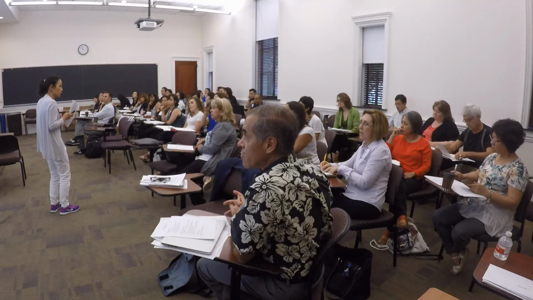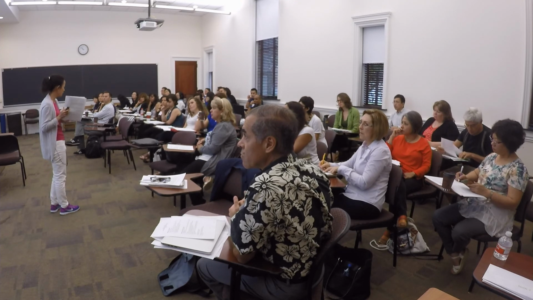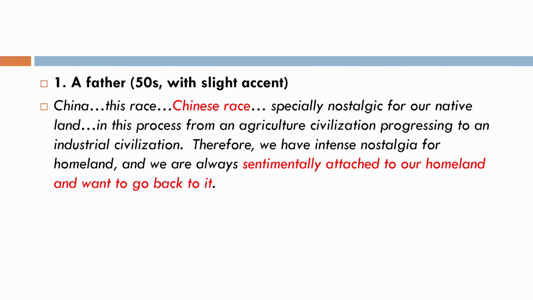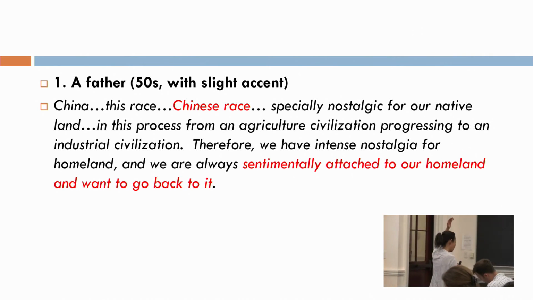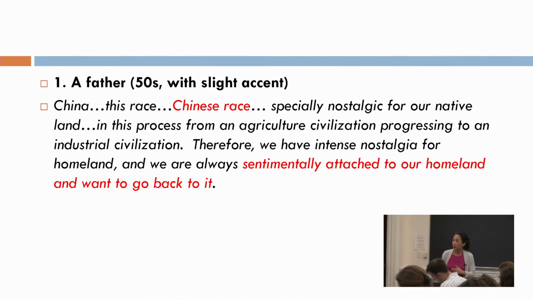Before they do this, they already know the content. They have studied the vocabulary. She doesn't start with hometown. She starts with the Chinese race, 中华民族, very, very high. So that's why I want the students to notice that.